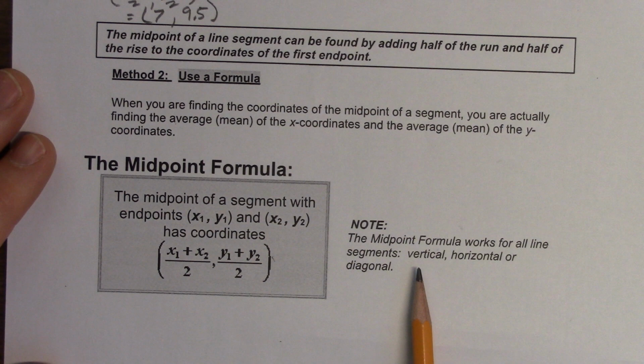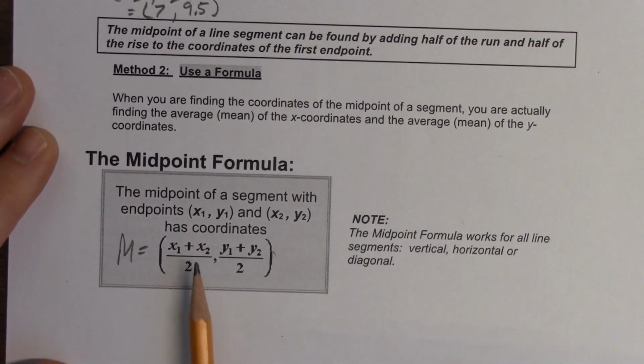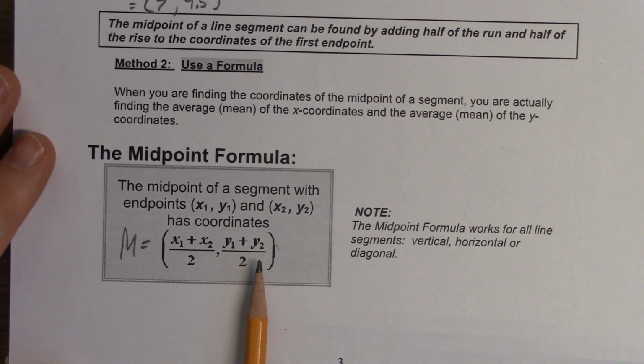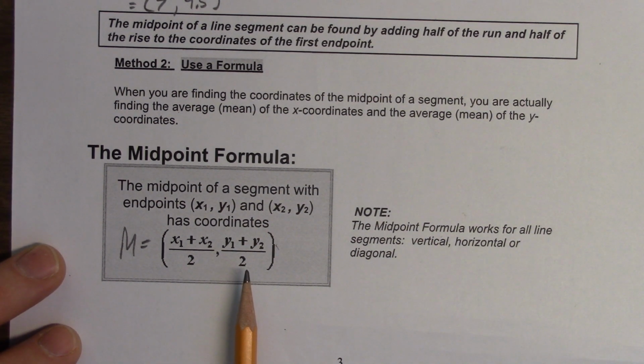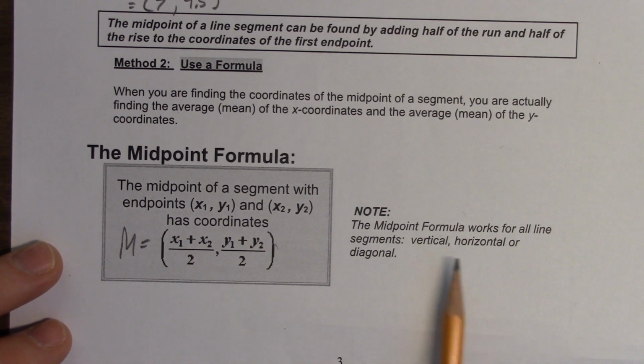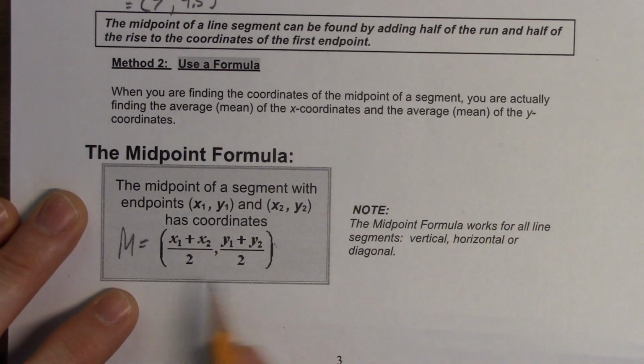So our formula for our midpoint works out to be x1 plus x2 over 2 and y1 plus y2 over 2. And it works for all line segments, vertical, horizontal, or diagonal. Any questions about the formula? Now you guys know where the formula came from.